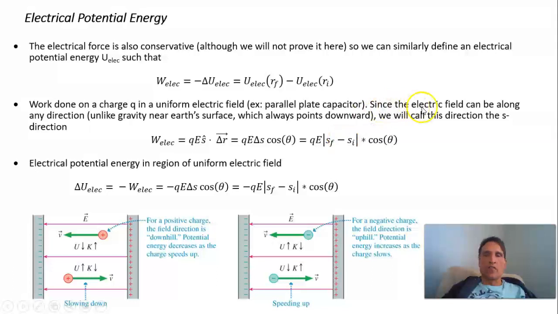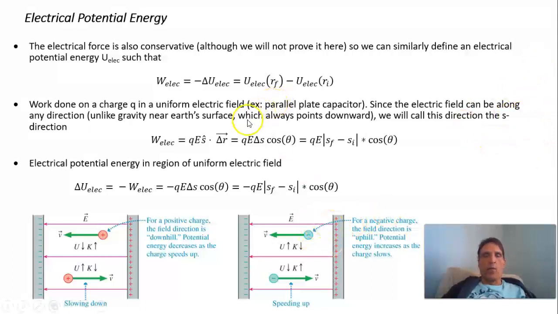And so in the spirit of the author's notation, we're going to call this direction S, where S could be the y direction, the x direction, the z direction. It can be any direction. So we'll call the S direction the distance between the plates.